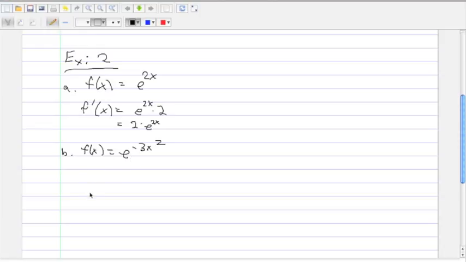So my f prime is going to be just your e to the minus 3x squared times the derivative of this exponent here. The derivative of minus 3x squared is going to be minus 6x. So our final answer is just going to be minus 6x times e to the power of minus 3x squared.